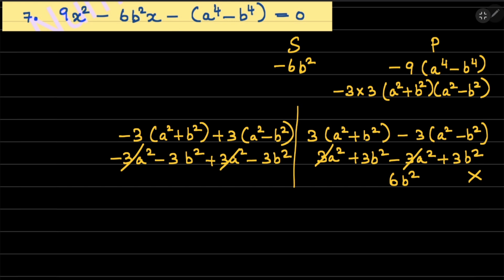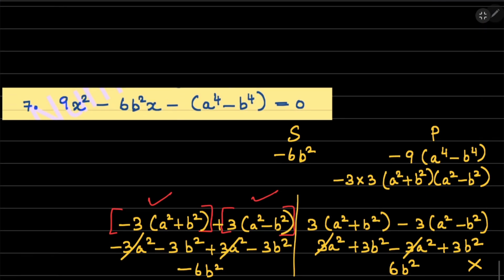Minus 3b square minus 3b square is minus 6b square. So this is correct. So what are the two terms for middle term splitting? One is minus 3 multiplied by a square plus b square, and the other term is 3 into a square minus b square. So these are the two terms for middle term splitting.